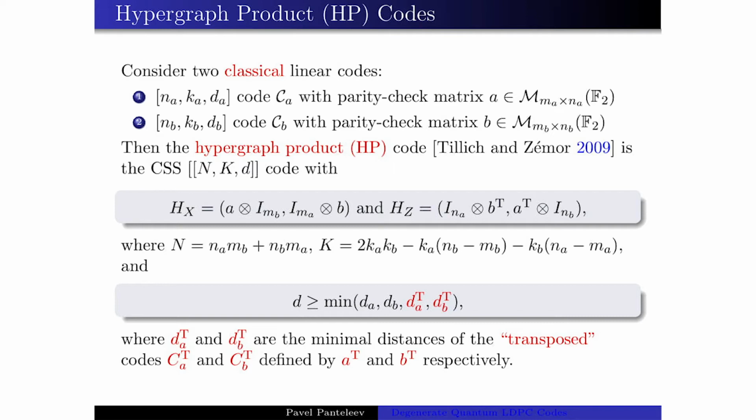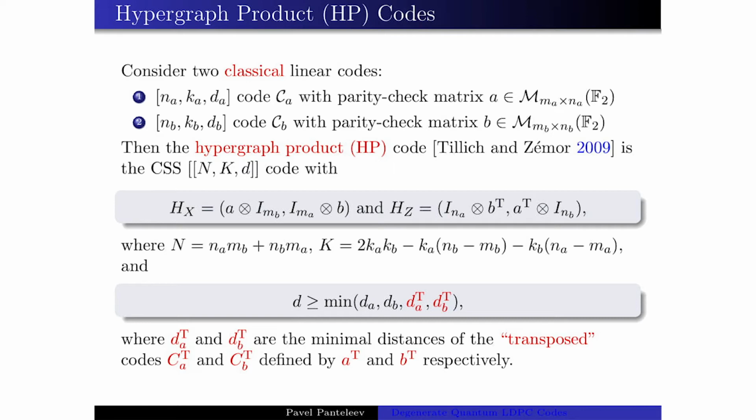But this is not a big problem because, as shown in the paper of Kovalev and Pryadko, we can still have this nice result about square root of n with such a restriction, and moreover, the best known small quantum hypergraph product codes are obtained in this way, as usual.